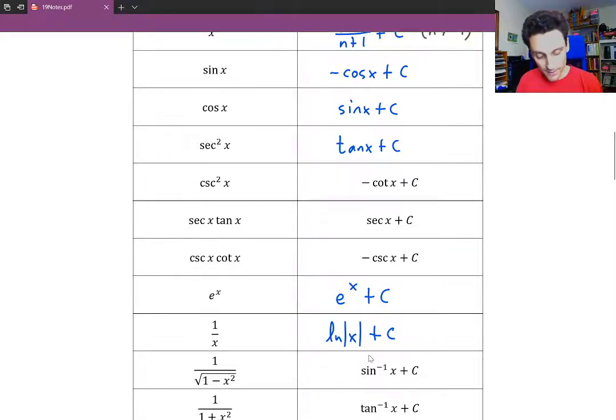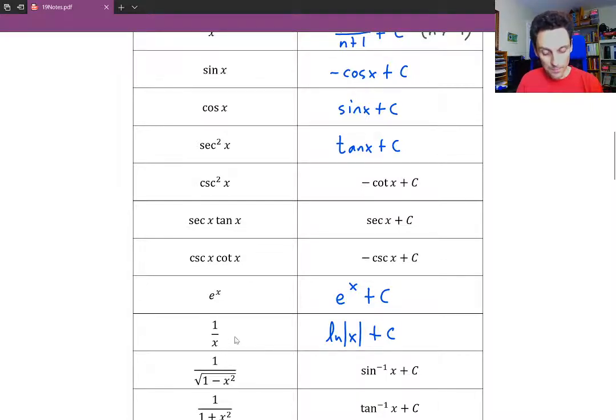If you recall from an earlier packet or earlier lesson, we had talked about this very briefly. We said that the derivative of the natural log of the absolute value of x ends up being 1 over x. We expanded the derivative of ln x to the derivative of ln absolute value of x. And we mentioned at that time that it would be brought up again in a future packet, and here it is.